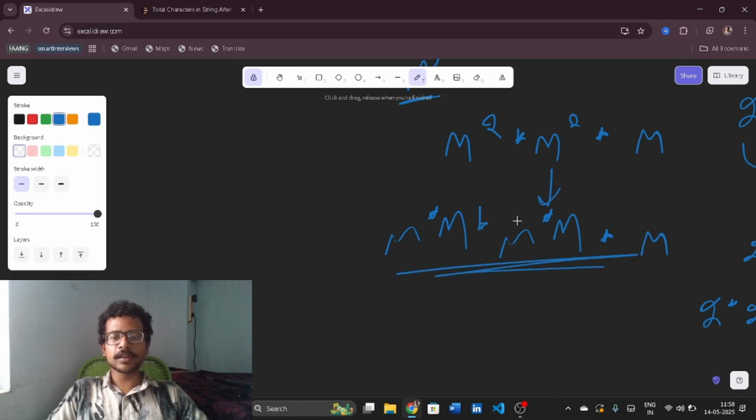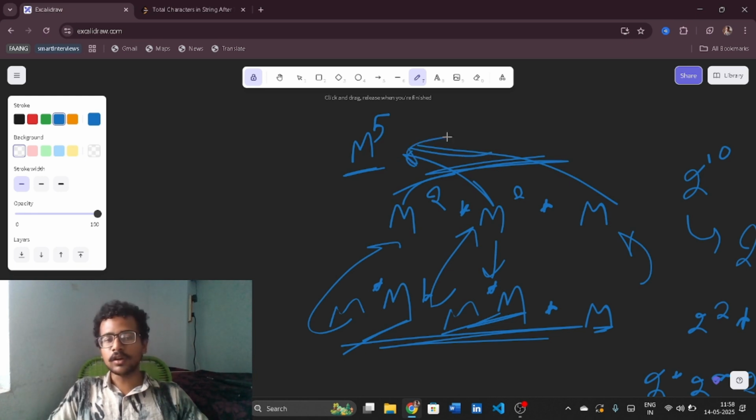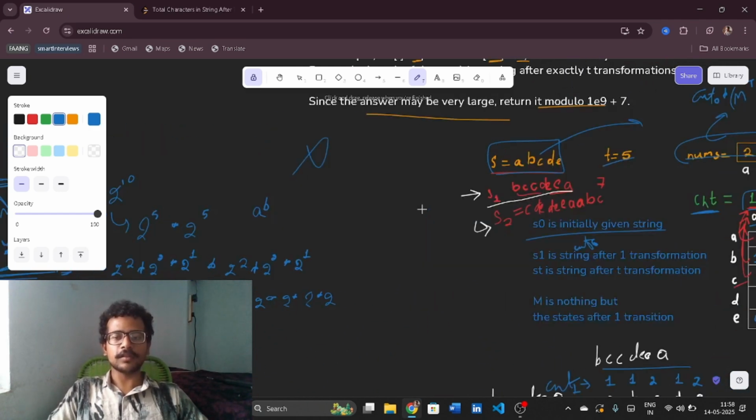This will call for this, and this will return the answer here, and these two will return here, and these three will return the answer here. That's how we go from the recursion code to the memoization code. This is how you solve this problem.